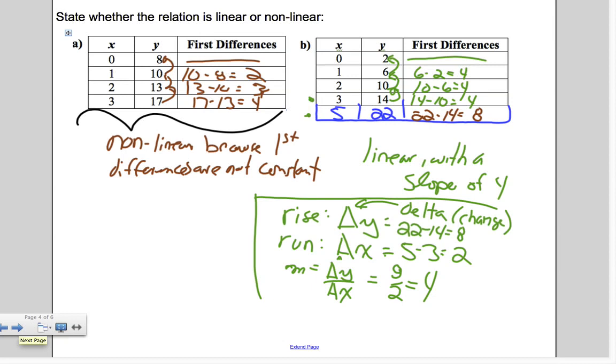Is that an 8? So it's 8 over 2. So should we assume that if there was a data point 4, then the slope between those 2 points is still 4?